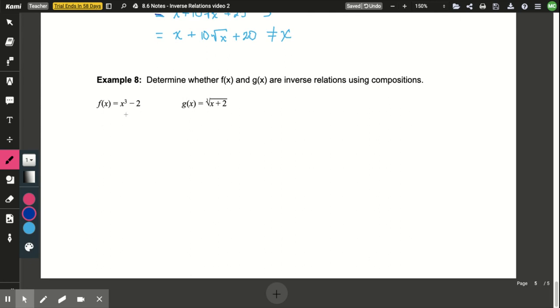Color coding once again. So I'm going to start with f of g of x. So this would be f of, and then I'll put g of x in pink again. And so the first thing I would want to do is replace g of x with what g of x is equal to. So on this one, that's the cube root of x plus 2.